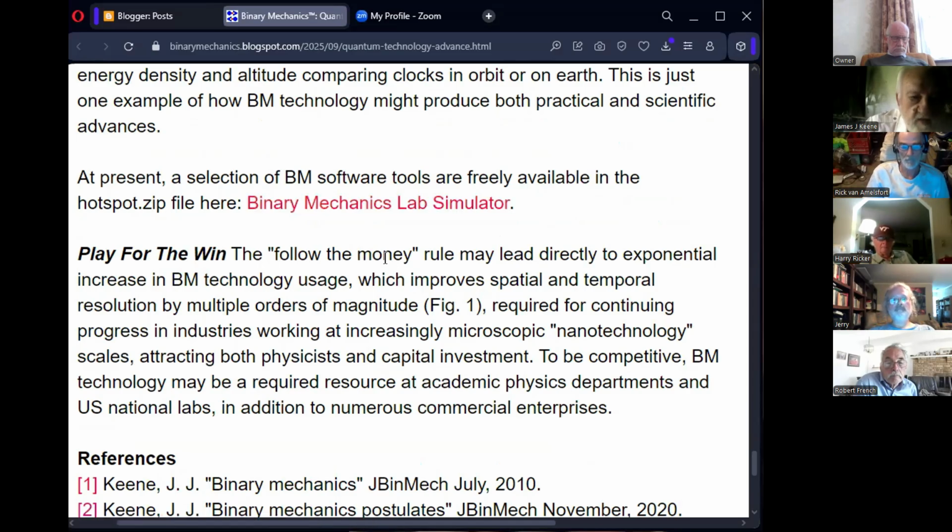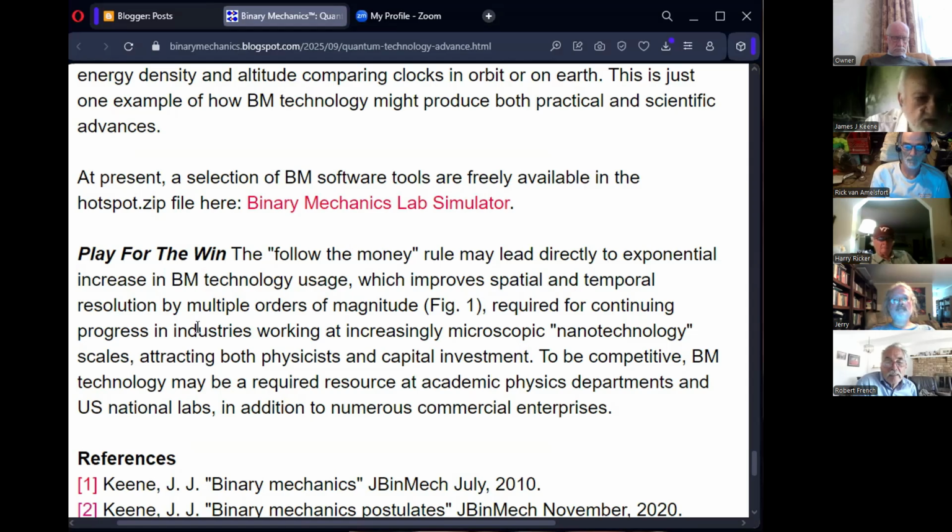The follow the money rule may lead directly to exponential increase in binary mechanics technology usage. I've noticed, for example, in the last months, a huge increase in views of the binary mechanics website, which improves spatial and temporal resolution by multiple orders of magnitude, as shown in Figure 1.